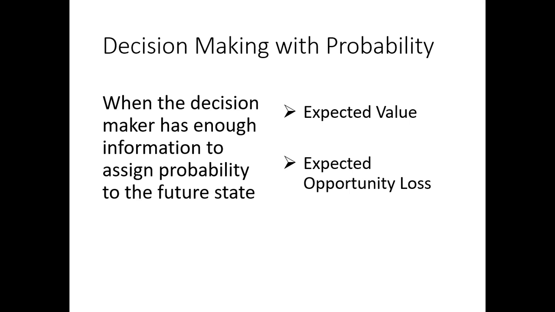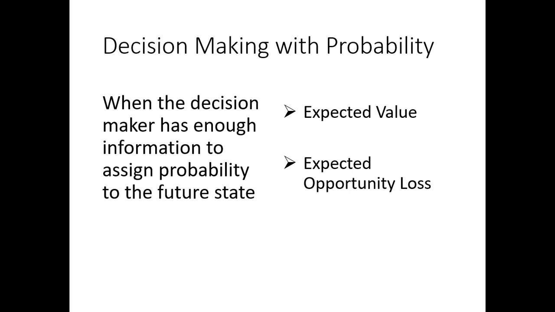Here there are 2 methods: the expected value method and the expected opportunity loss method. Today we are not going to solve the 2 problems. That we will do in the next class, which will be the last class with solutions on this problem and the new, small chapter.